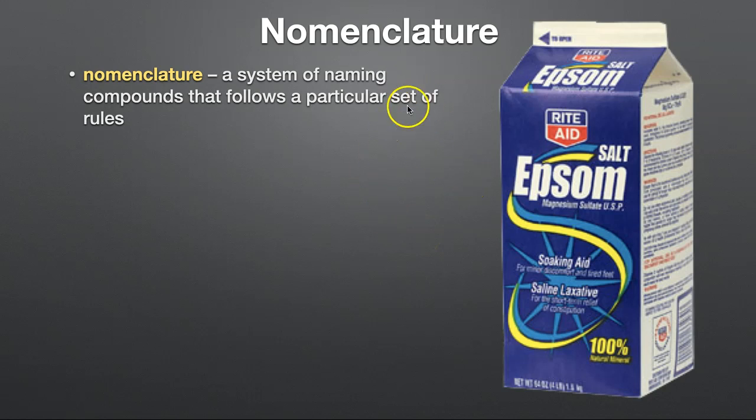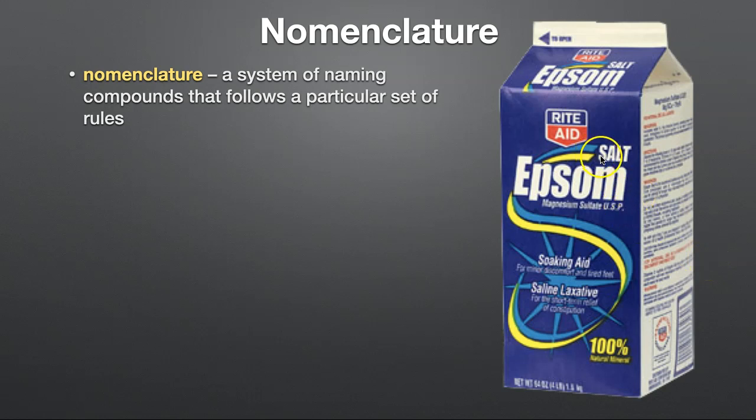We came up with these sets of rules because in ancient times, leading up to medieval times, we knew a lot about a lot of different chemical compounds, like salt or sugar, different things like that that had common names. Here I have Epsom salt, and the problem is we kept discovering more and more kinds of compounds and elements, and you get a bunch of common names that you would just have to memorize.